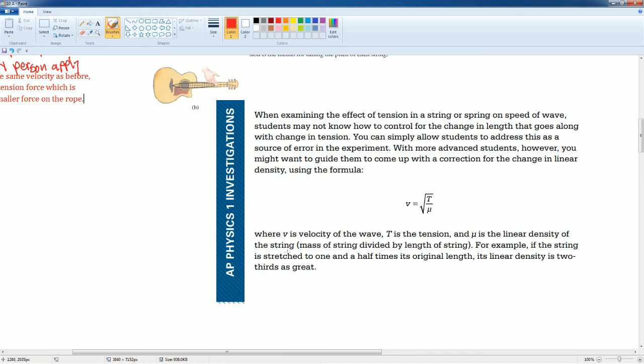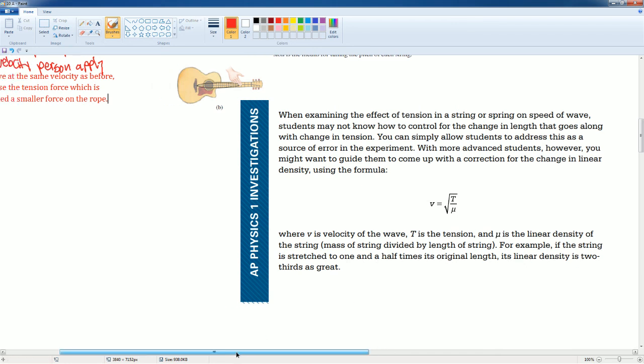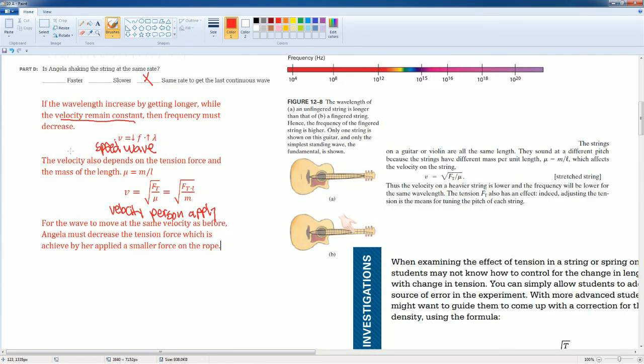For example, if the string is stretched to 1.5 times its original length, its linear density is 2/3 as great. So, even though the velocity is constant in the wave, the increase in the wavelength affects the tension force of the wave itself. Therefore, Angelica has to actually apply a different tension force to keep the wave at the same velocity. All right? There you go.